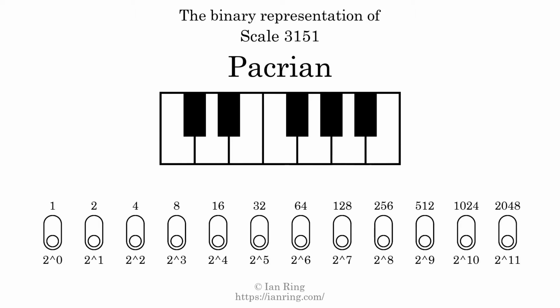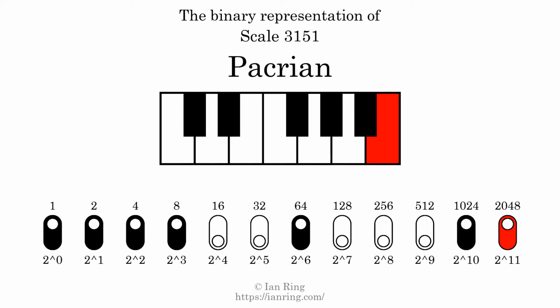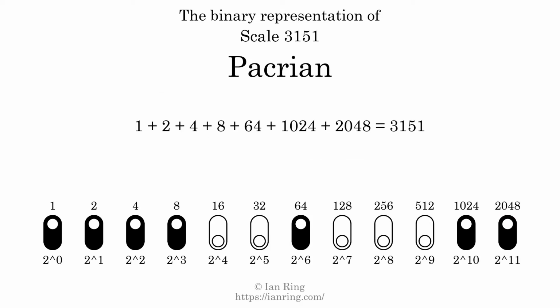The binary representation of this scale is determined by mapping tones of the scale to binary digits. Each binary digit represents a power of 2. To get the scale number, we add the powers of 2 together. The powers of 2 that are present in the scale, all added together, equals 3151.